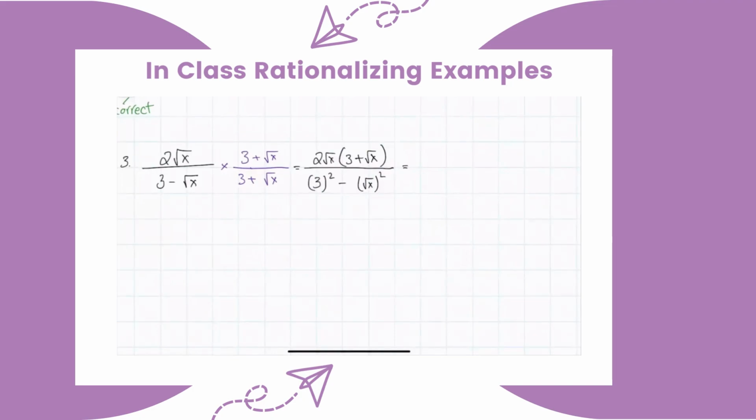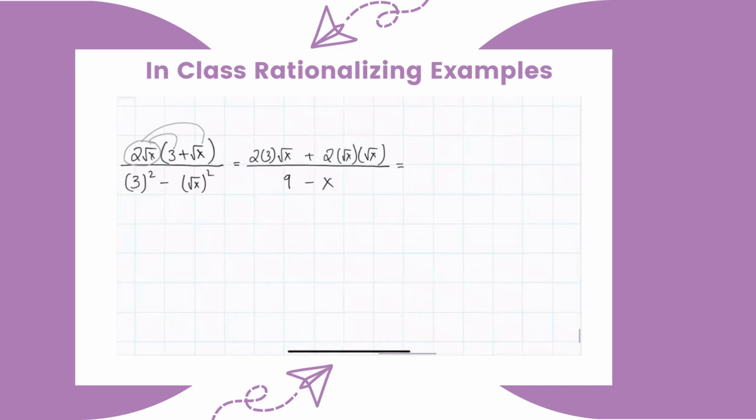So we need to apply the distributive property. So we multiply this thing with this one and this one. So then we have 2 times 3 and then root x. And after we have 2 root x times root x over 9 minus x.